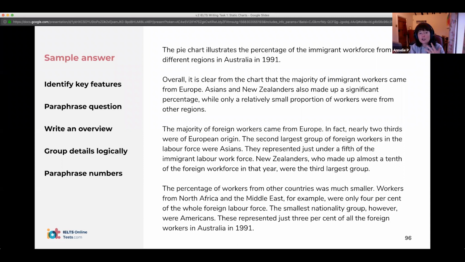Then a logical arrangement for the rest of the body. And if it's in percentages, try and use some kind of other words there for some of those percentages. Okay. And you need to also use that kind of comparative language as well. Okay, so that's your answer.